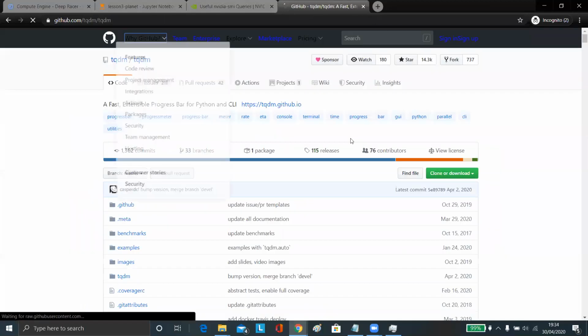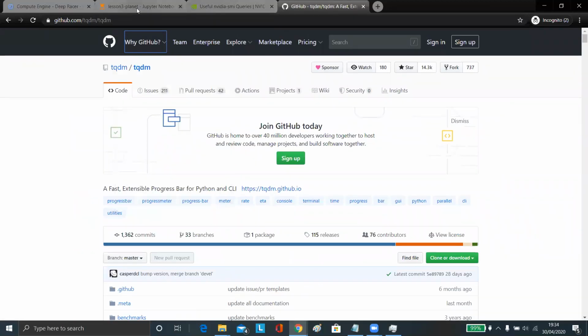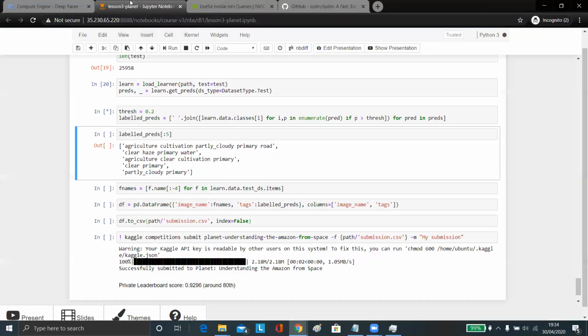Yeah, I'll look at that as well. You can do from tqdm import tqdm and use that, or you import auto, because auto is a bit clever in detecting whether you're on a command line or in Jupyter, and it formats your progress bar nicely. Nice.